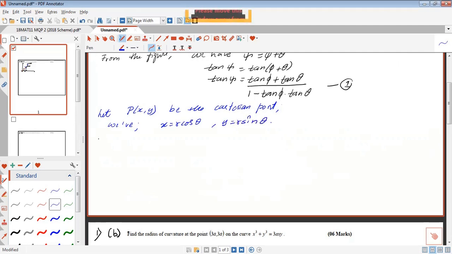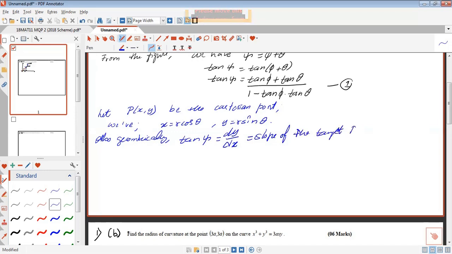And also, the geometrical meaning of tan xi is the slope, that is dy by dx. That's nothing but the slope of the tangent PL.